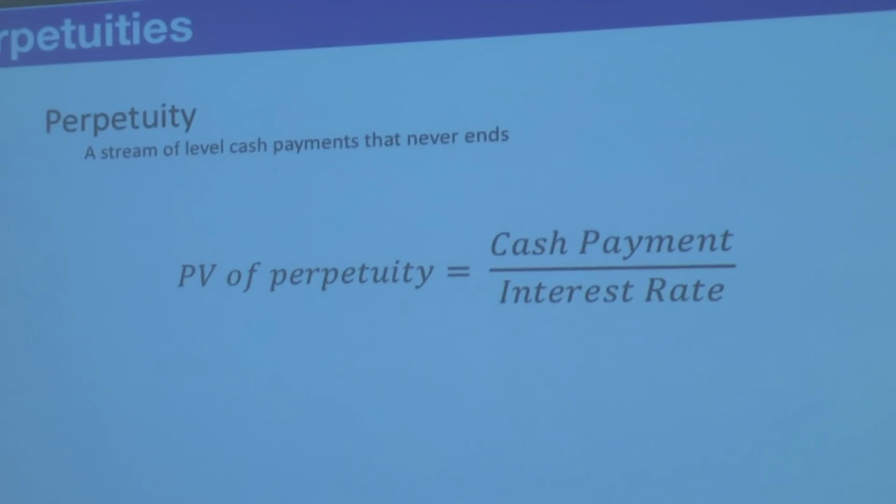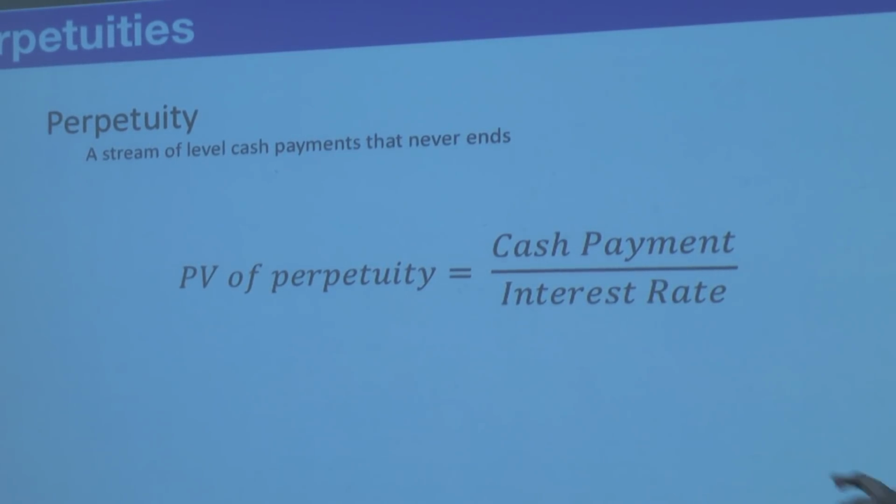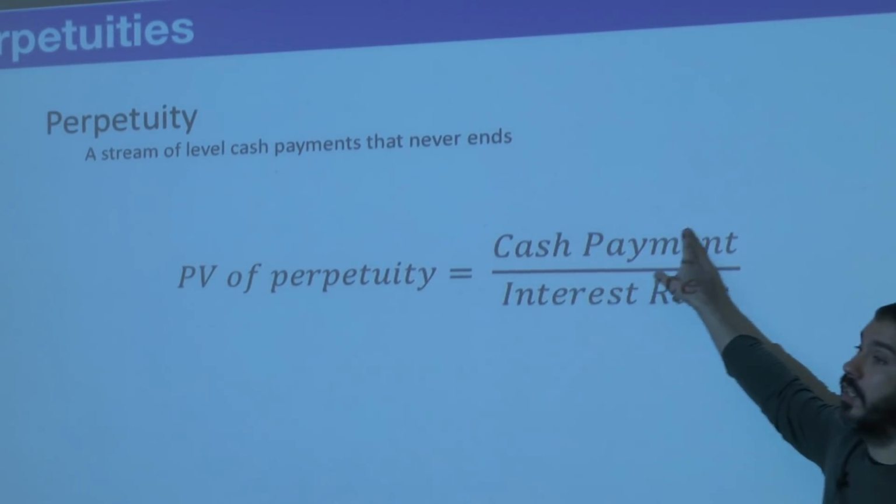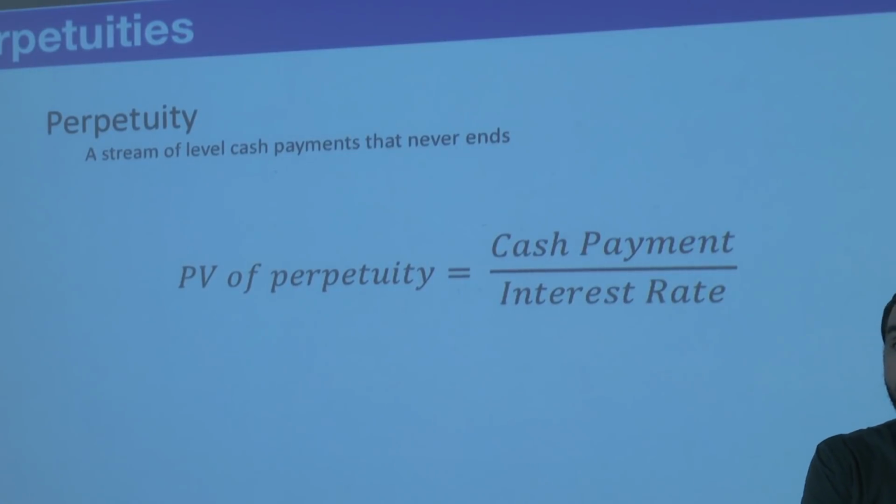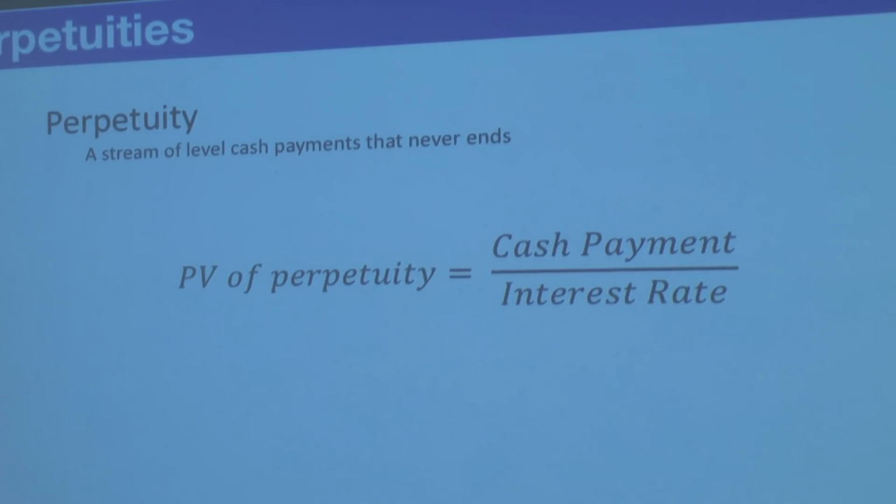So the present value is wonderful because you just take the cash payment, divide by the interest rate, and you're done. What's the future value of a perpetuity? We don't compute it, right?